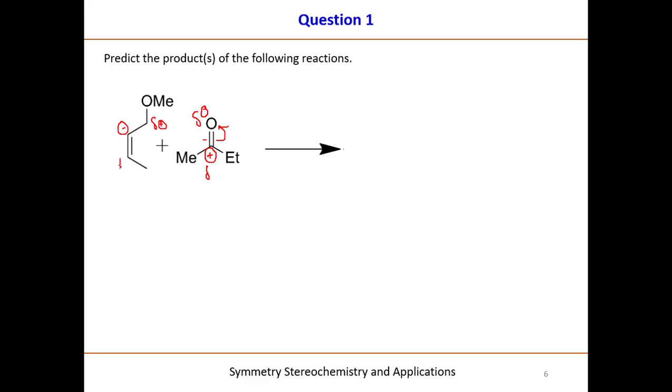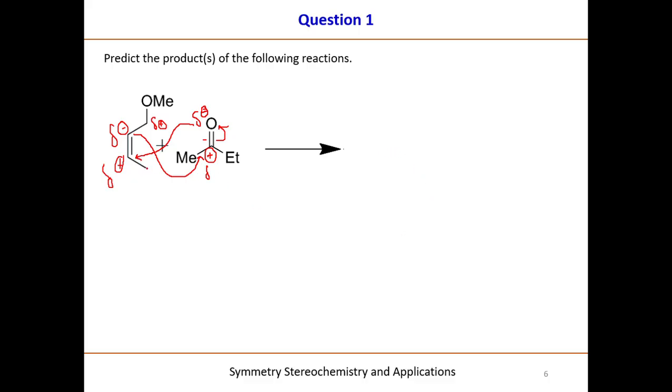Negative and positive. Now because this double bond and this double bond are both pi bonds participating in the reaction, the negative charge, the nucleophile, will attack on this carbon atom, and this oxygen, because it's a strong nucleophile, O minus will attack on this carbon atom to give a 4-member cyclic ring.